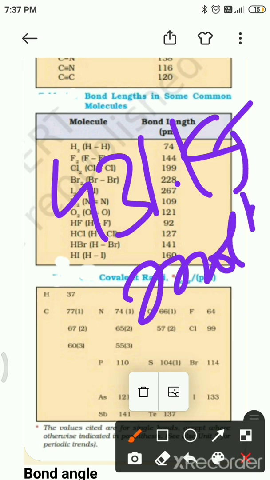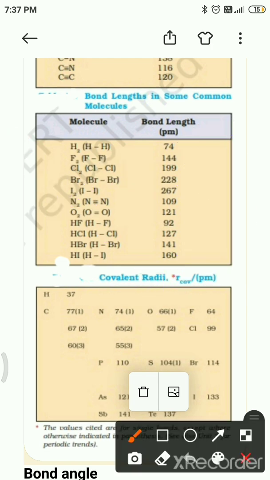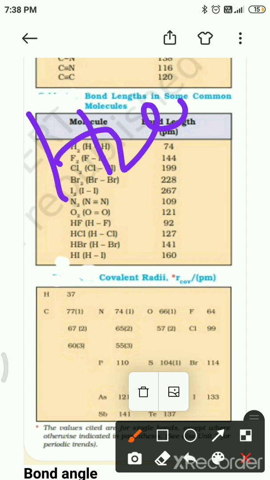In the case of polyatomic molecules, the measurement of bond strength is more complicated than for a single or double bond between two atoms. For example, in water, the bond enthalpy needed to break the two O-H bonds is not the same.